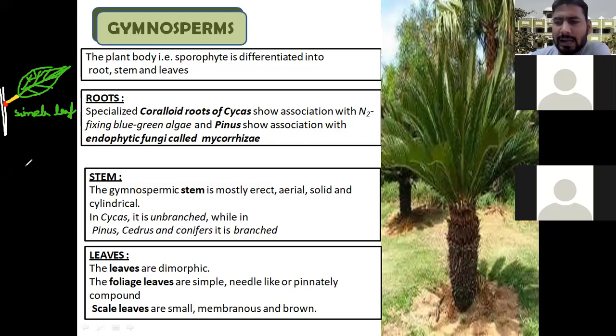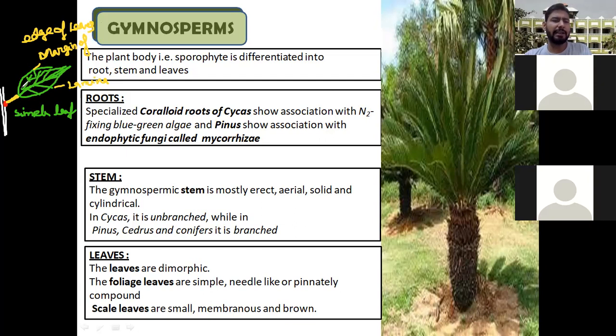And what is the compound leaf? You can see this structure is known as the margin of the leaf, or edge of the leaf, or lamina. This is also called the lamina.